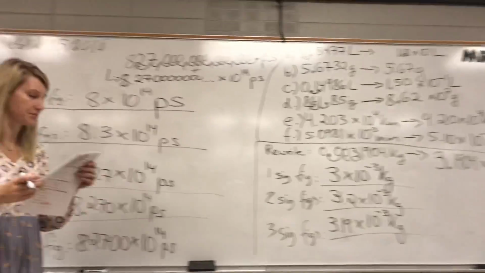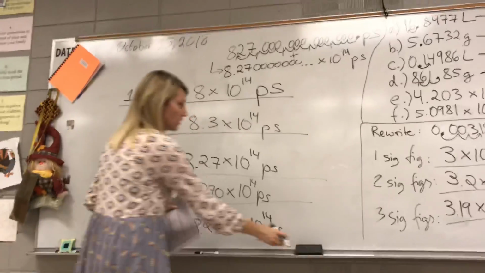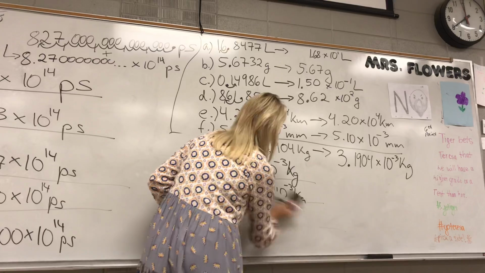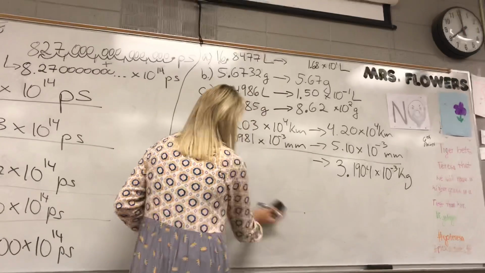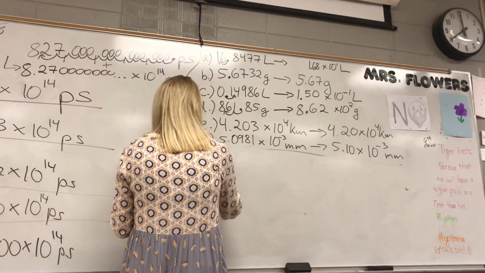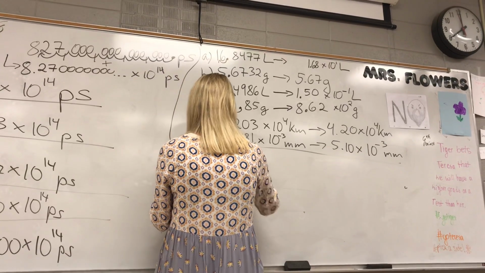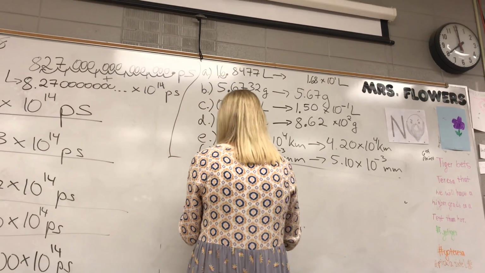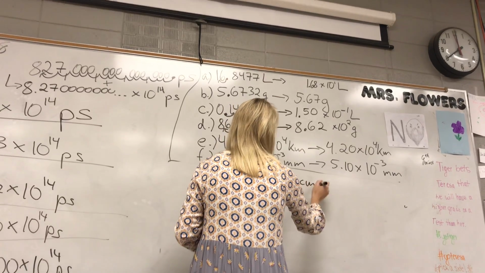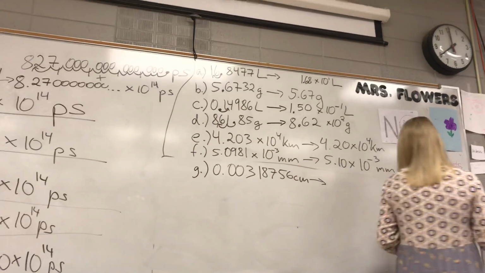All right, there are 2 more problems I couldn't fit here, so let me just move on real quick right here. This one is 0.003185756 centimeters. Cambry, what is that in scientific notation?